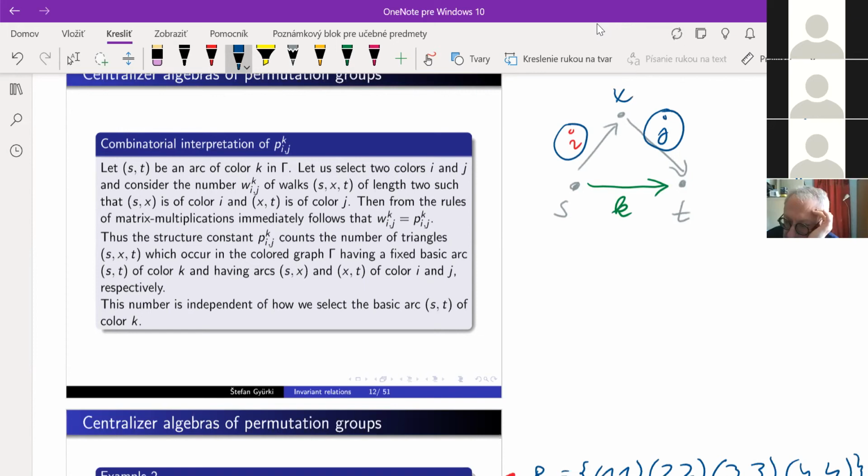So it counts how many X I have such that this triangle will be precisely in these colors. So this is a combinatorial interpretation of structure constants. They have a very nice combinatorial meaning.